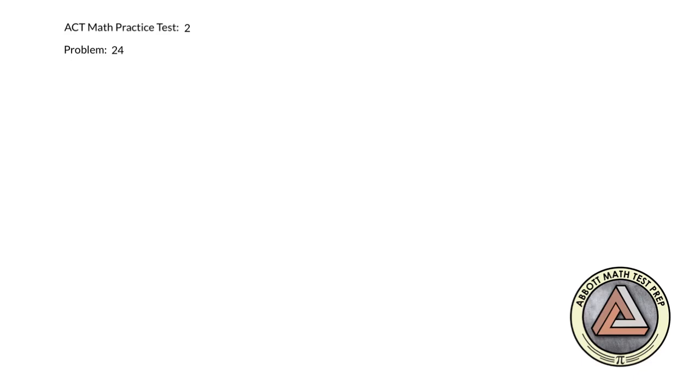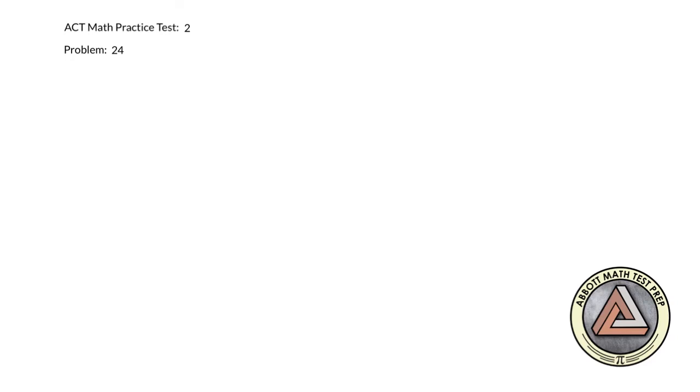Okay, so for problem number 24, the final question is, how many different two-person combinations of one junior and one senior are possible? Now, this turns out to be a fundamental counting principle problem.